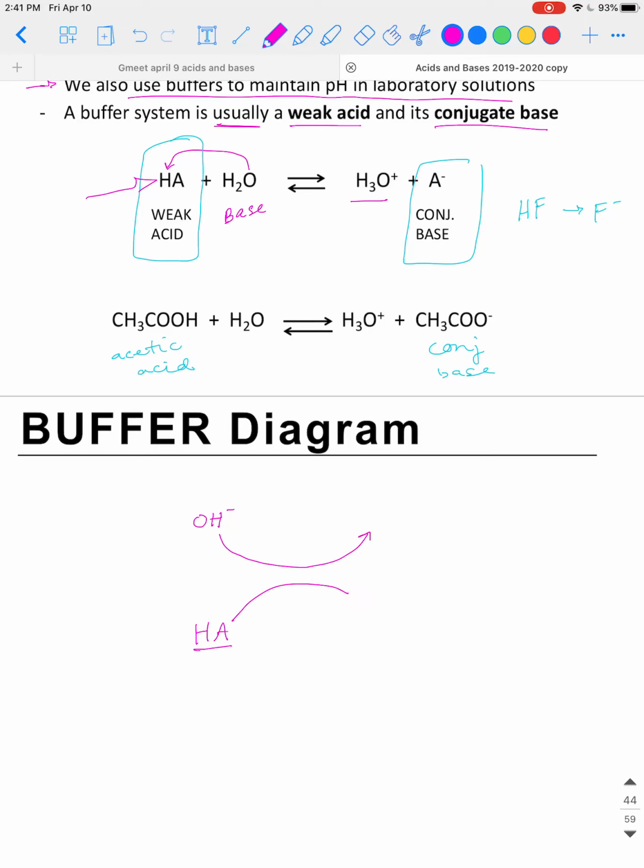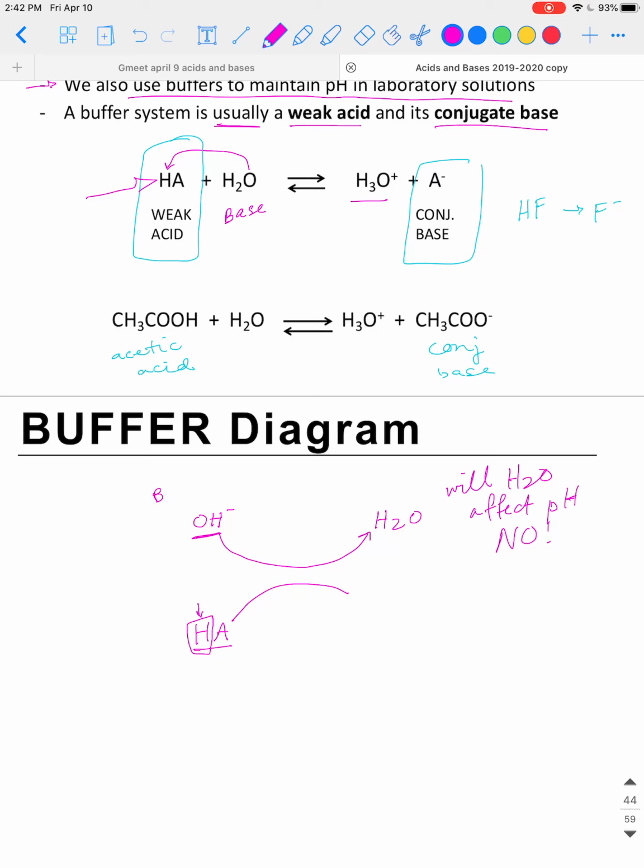This OH minus is going to scoop up this hydrogen ion right here. And when we take this hydrogen ion and react it with OH minus, they are going to make H2O. Will H2O affect pH? No, it won't. It's neutral, okay?